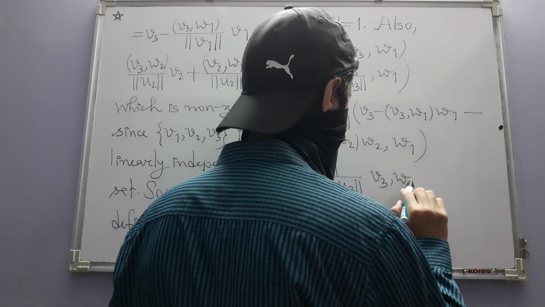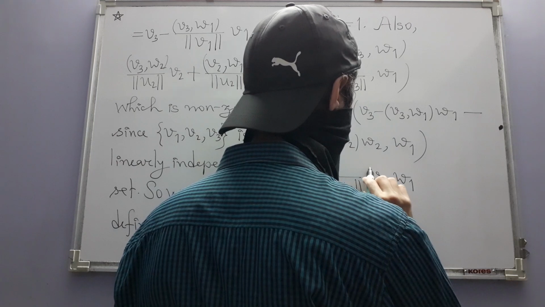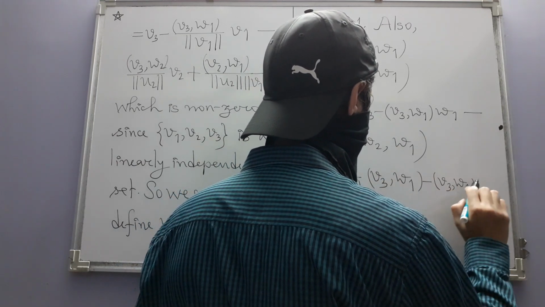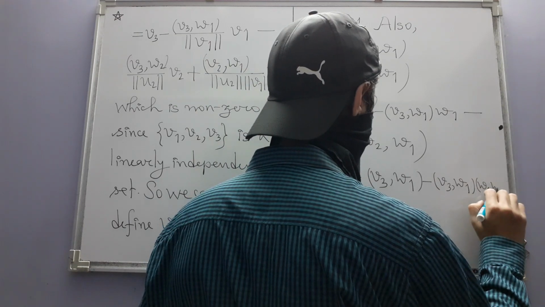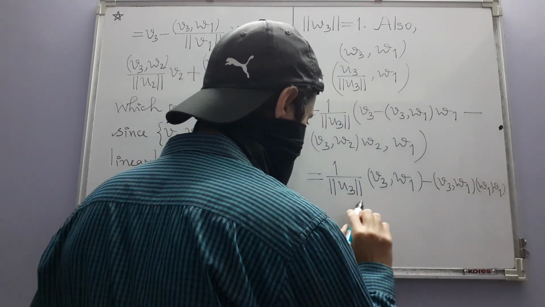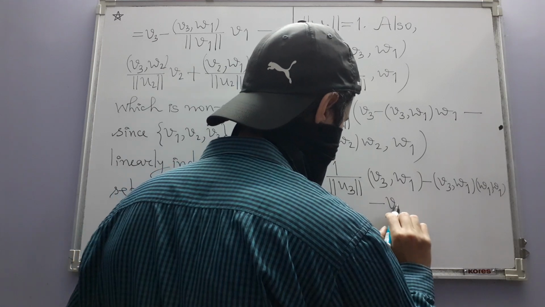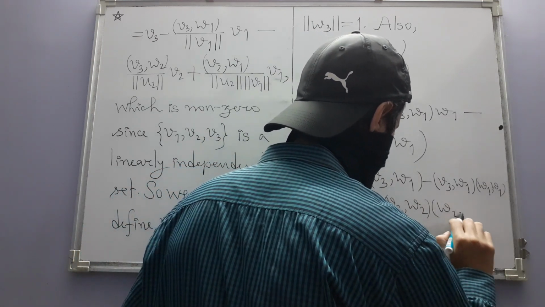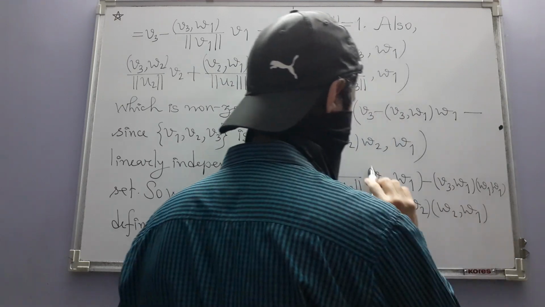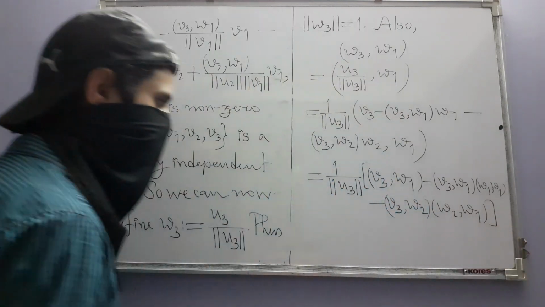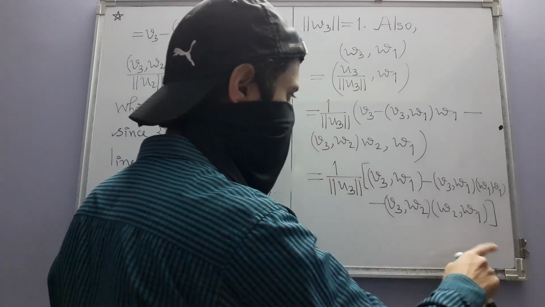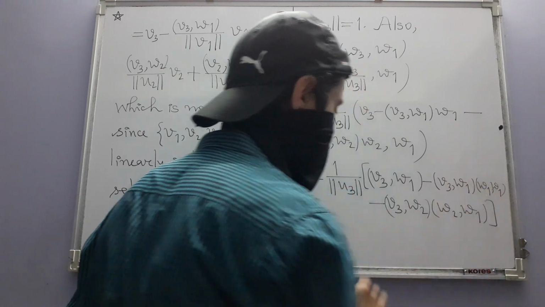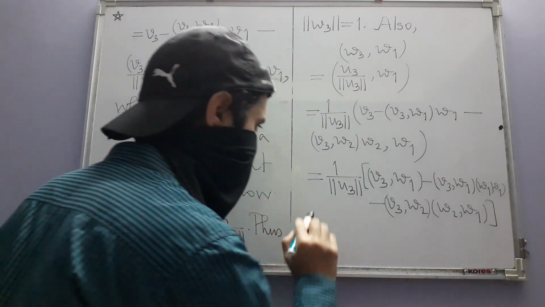So v3 comma w1 minus v3 comma w1 times w1 comma w1 minus v3 comma w2 times w2 comma w1. So you can see that this becomes 0 because w1 and w2 are orthogonal to each other, and this becomes 1 because w1 has length 1.